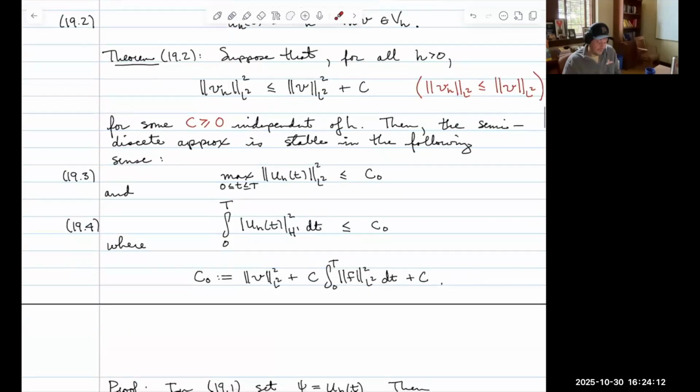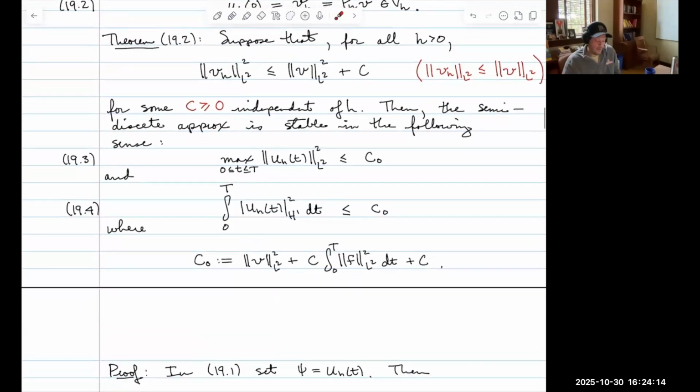So I'm going to prove these two stabilities. Now, what I notice about these two stabilities is they're exactly the same stabilities that I got previously for the weak solutions. The only difference is I didn't have this constant.